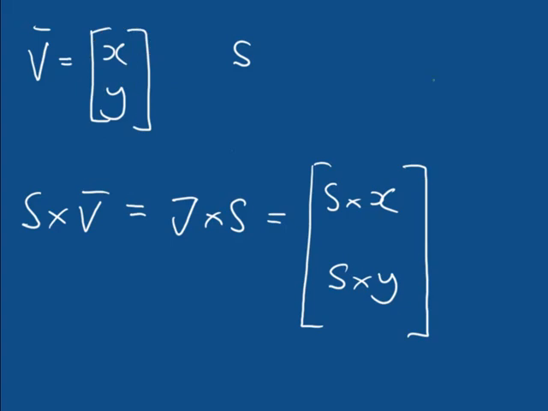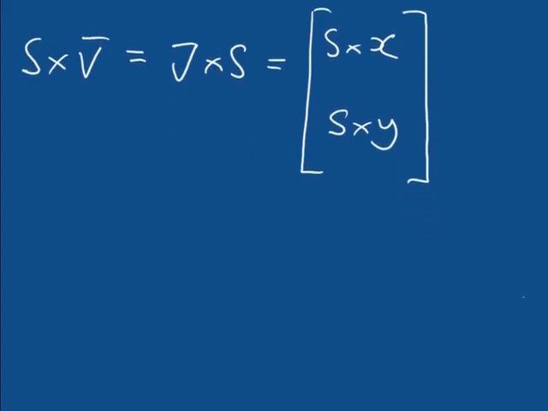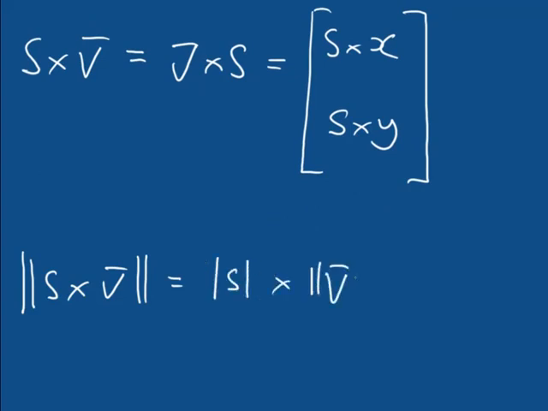We also saw how this affects the graphical representation, noting that it doesn't change the direction unless, of course, the scalar is negative, in which case the direction is reversed, but that it does change the length of those vectors. The way it changes the length is that the length of our vector multiplied by a scalar is equal to the absolute value of the scalar multiplied by the original length of the vector, which is just a fancy mathematical way of saying if we multiply by a scalar value of 2, it's going to be twice the length.